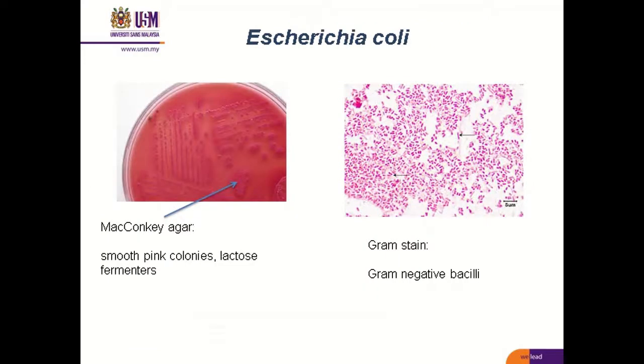Next, we go to the Enterobacteriaceae. The first one is E. coli, Escherichia coli. On microscopy, we can see that it is a gram-negative bacillus. On MacConkey agar, we can see smooth pink colonies, and the color of the medium changes because it is a lactose fermenter.